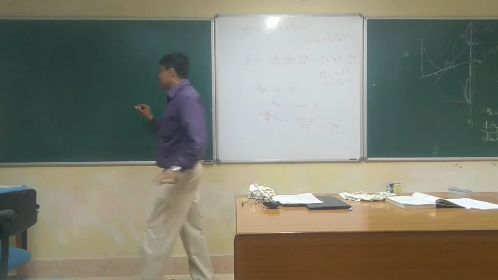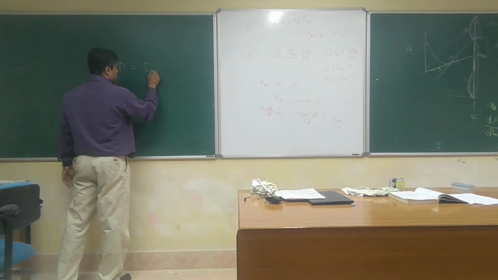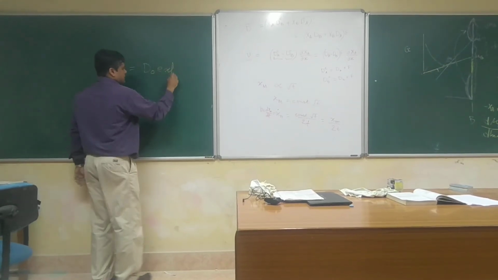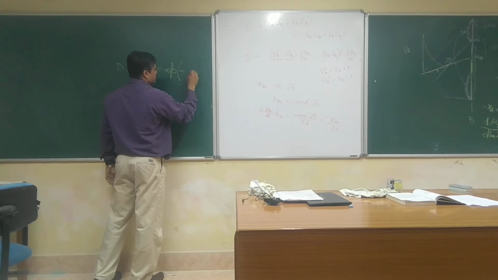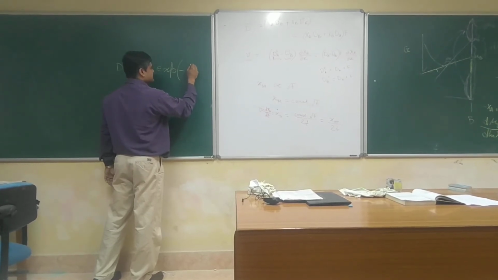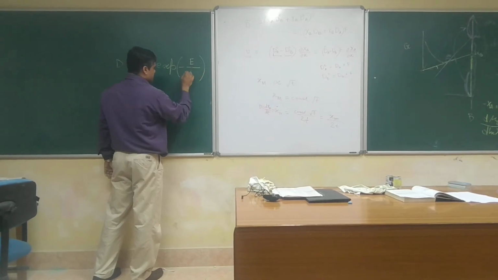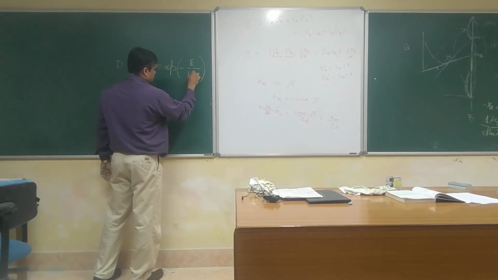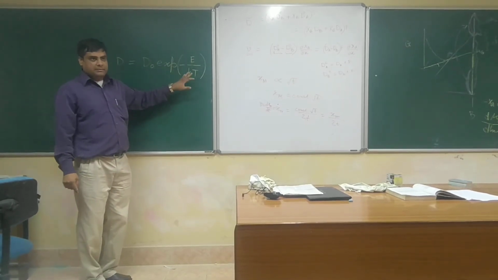So any diffusion coefficient varies with temperature following the activation energy, say E or Q or whatever, of the corresponding process, and if it is activation energy per atom, then k.